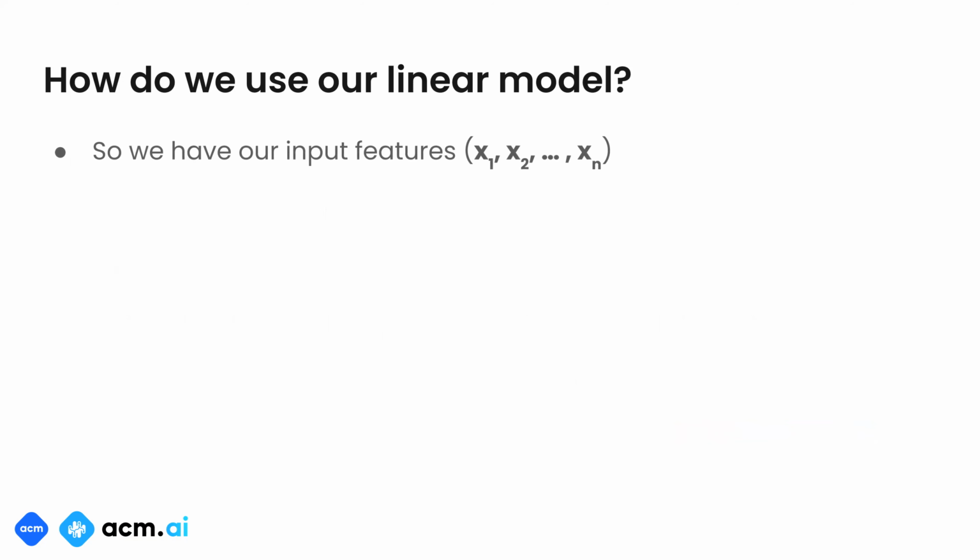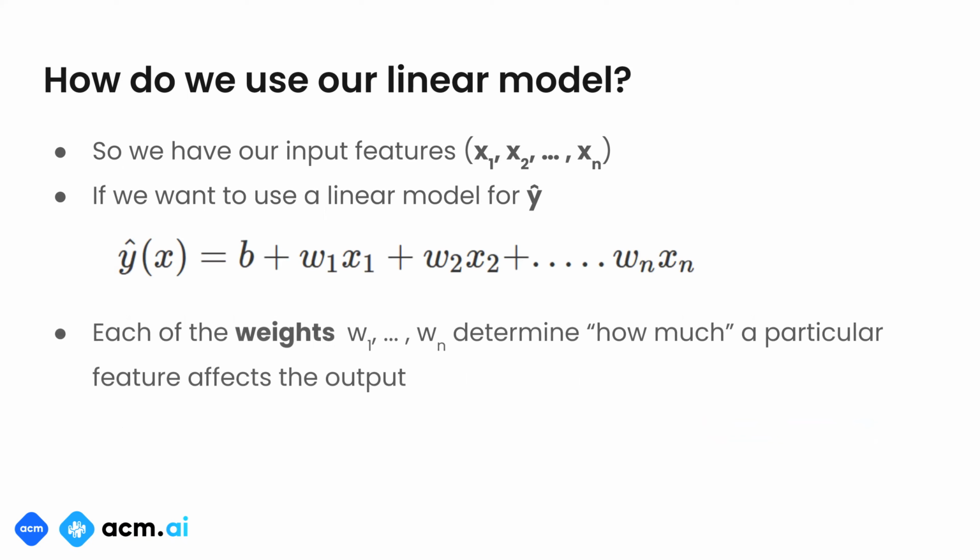How do we use this? Suppose we have our input features. If we want to use a linear model, the way we're going to break down this y hat is essentially to generalize the line formula.